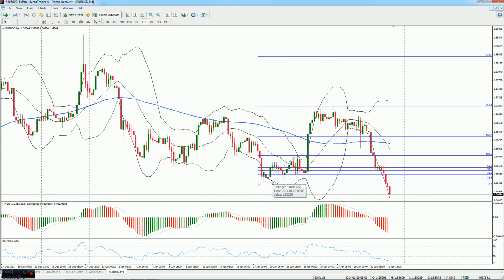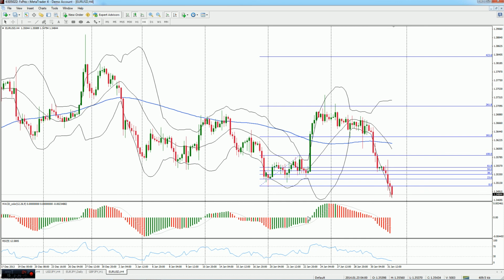As explained on my web page, the market made a move from the Bollinger lower band to the Bollinger upper band. At the same time, the MACD was breaking through the zero line.